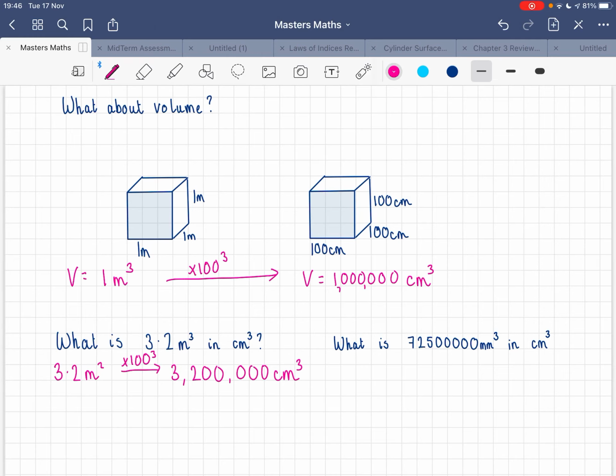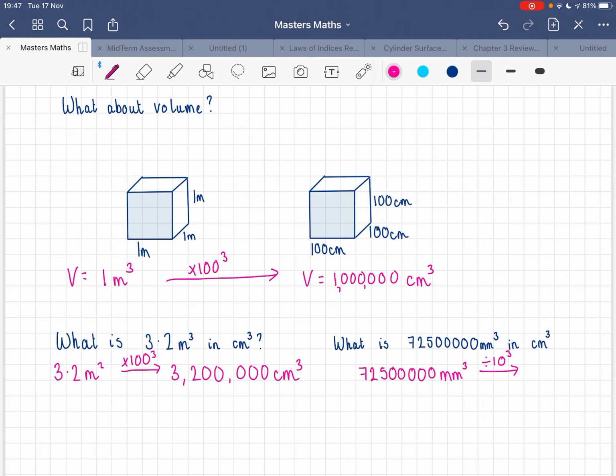Okay, and then this one we have 72,500,000 millimeters cubed, and we want to change it into centimeters cubed. Usually, millimeters to centimeters, we divide by 10, because there are 10 millimeters in a centimeter, and we're going from millimeters to centimeters, which means we divide.